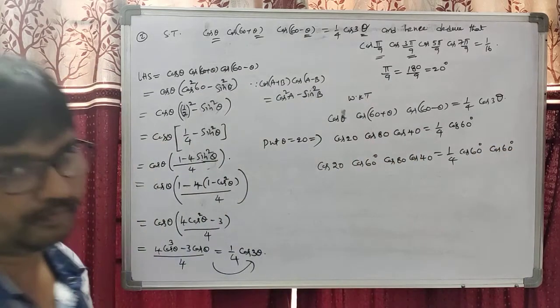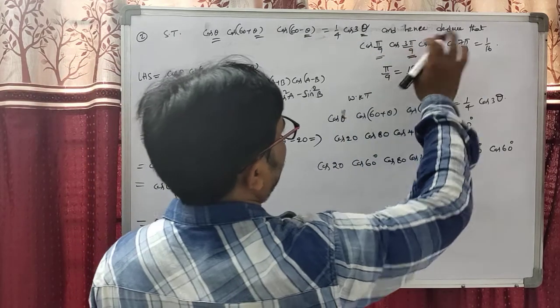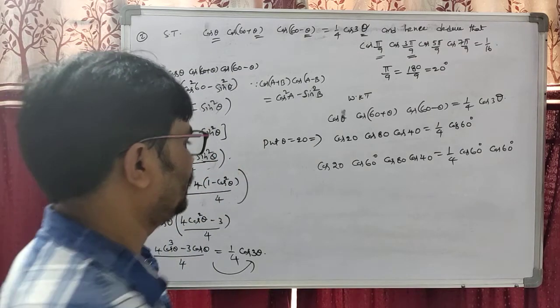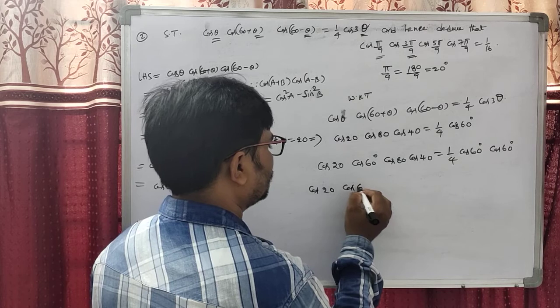So dear students, but our required angles are 20, 60, 100, 7 into 20 that is 140. How can you write it? This is cos of 20, cos of 60.